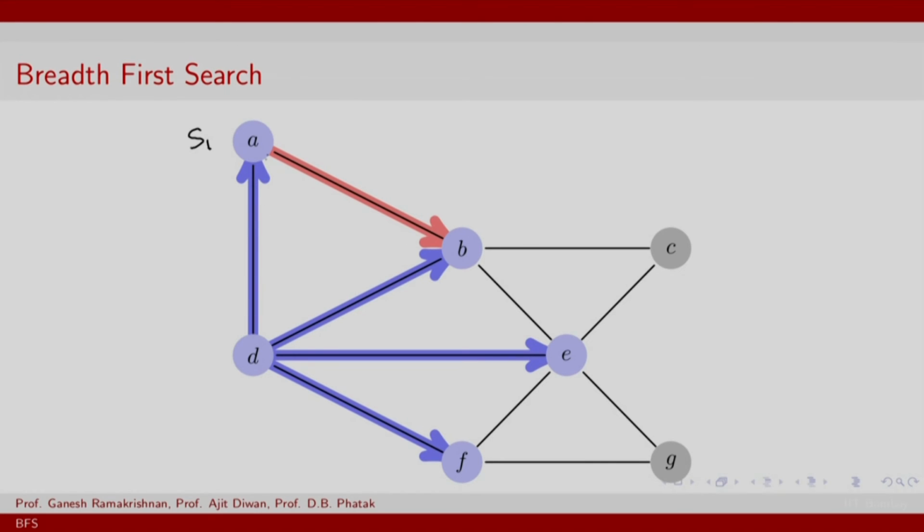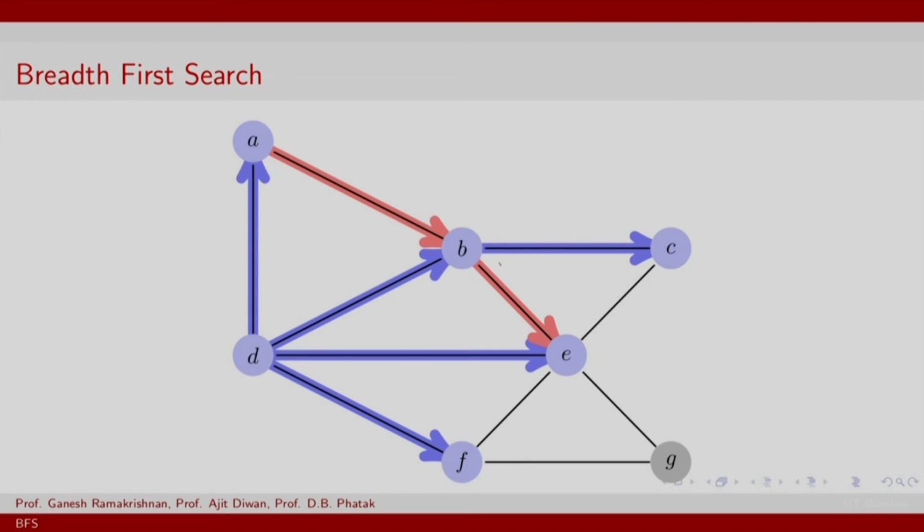through the discovered edge here, but whereas this edge is not yet discovered, however the node B is already visited. So that is why it was important to assign labels to edges so as to avoid enumerating this discovered or blue edge and restrict our attention to the undiscovered edge that goes to B. Now we have labeled this edge as cross because B is already visited by another path.